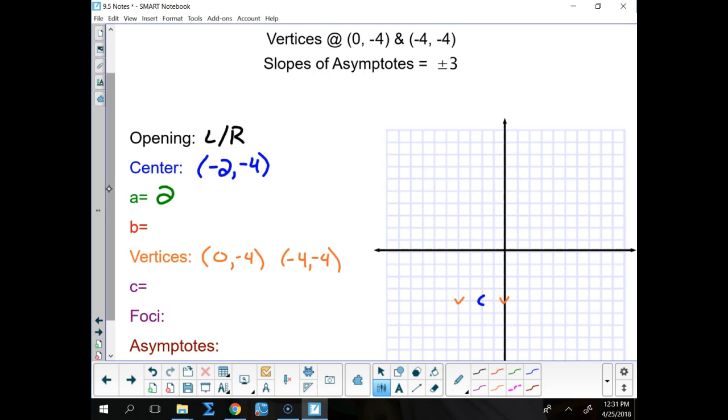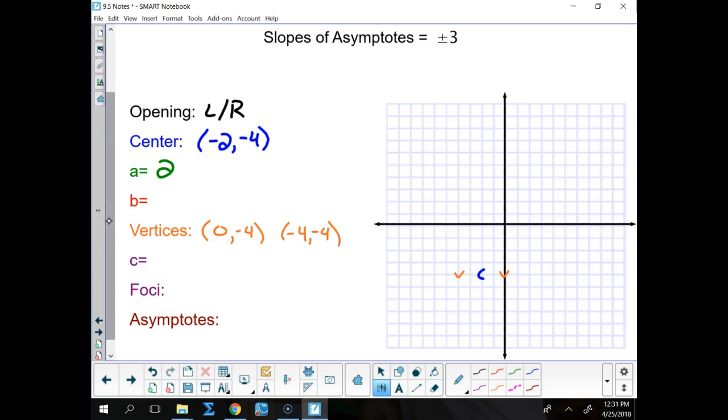Okay. Now let's bring in slopes of the asymptotes are plus and minus 3. B is not going to be 3. No. B is 6, because remember, the slope of my asymptotes is plus or minus B over A, right?